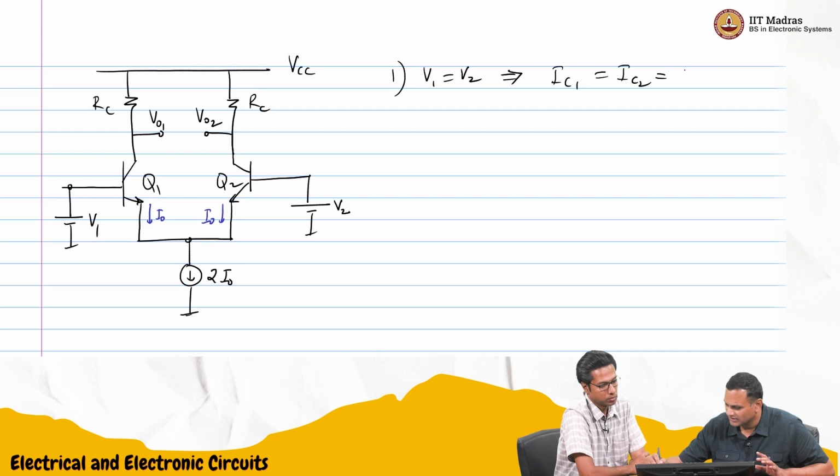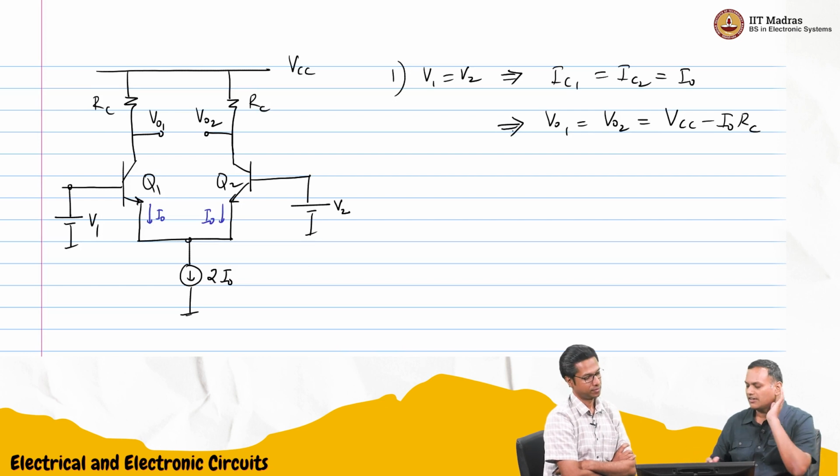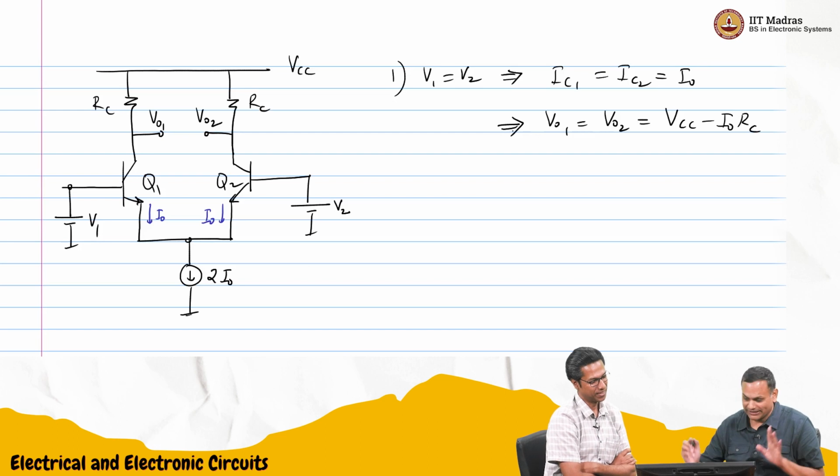The two currents will be I0, and V01 will be equal to V02, equal to VCC minus I0 RC. No change at all, and you will get identical outputs. Anyway, it has to reject the common mode. So no problem.